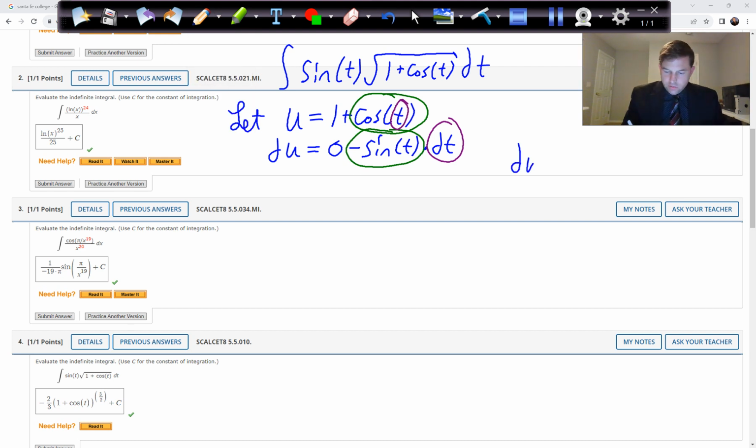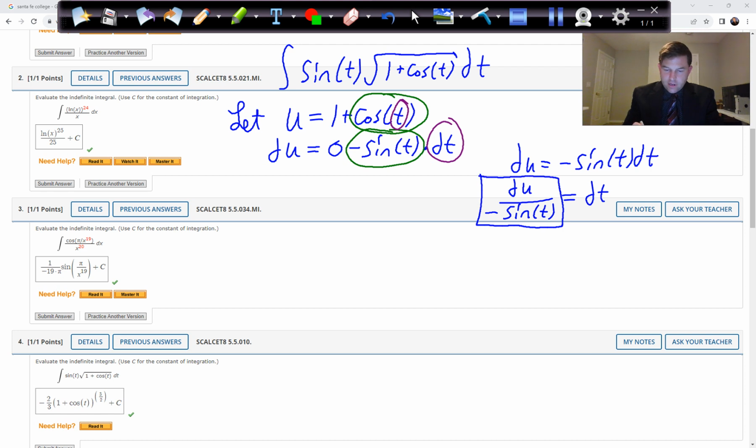So du is just minus sine t dt, and you always solve for your old variable. So the old variable is dt, so let's isolate it. So divide both sides by negative sine t, and that's dt. And now I can replace that right here, and we can replace u in the square root symbol.